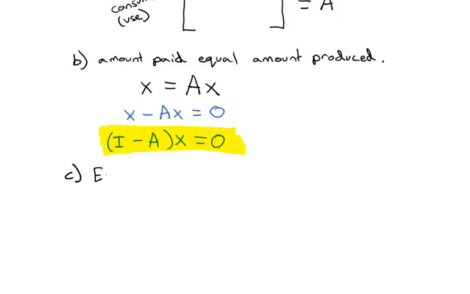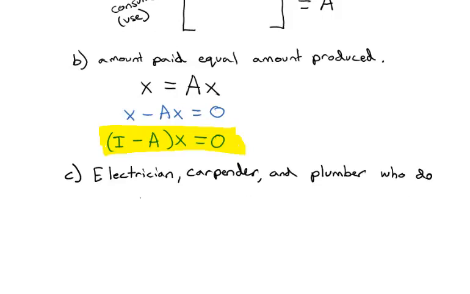Let's say we have an electrician, a carpenter, and a plumber who do work on all 3 houses.